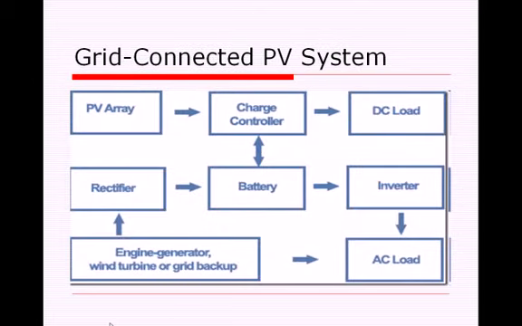This diagram shows how the PV system works together with the utility network and other energy sources like the wind turbine system. Basically, they are all going to charge the battery and eventually power the load.